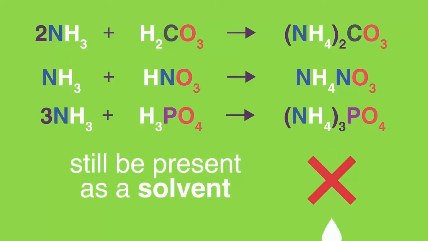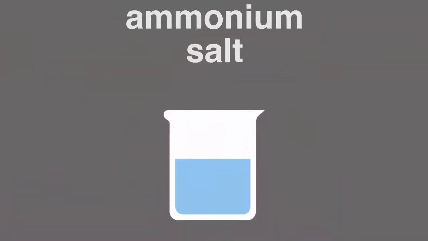All of the atoms that make up the reactants come together to form just the one product, the ammonium salt. Speaking of water, all of these simple ammonium salts are highly soluble in it and form solutions, so to get solid salt crystals we'd have to evaporate the water.